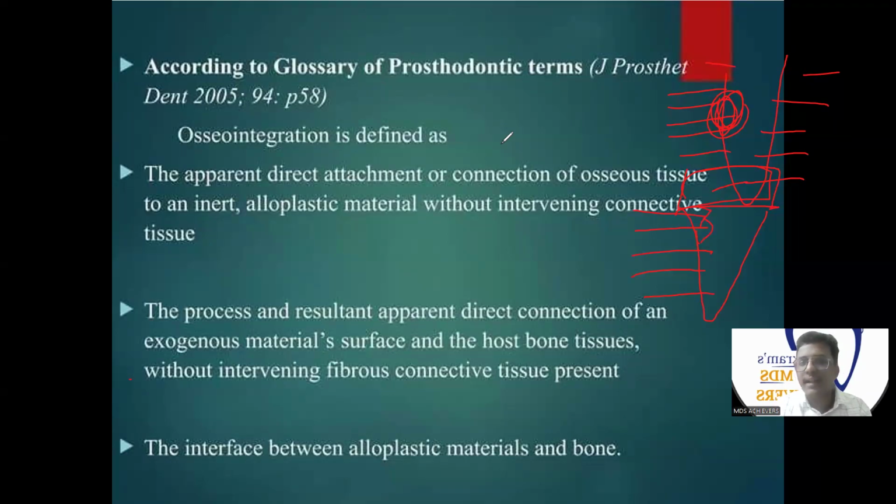The process through which the direct attachment is achieved is called the osseointegration process, between the exogenous material surface and bone tissue, without intervening fibrous connective tissue. An interface between the alloplastic material and bone should not be present.